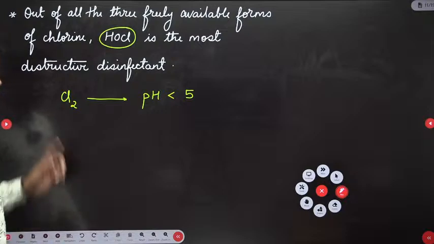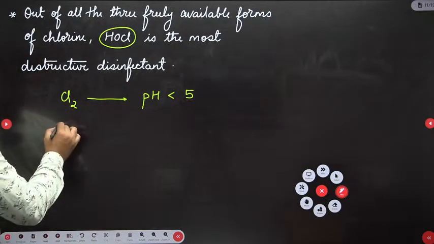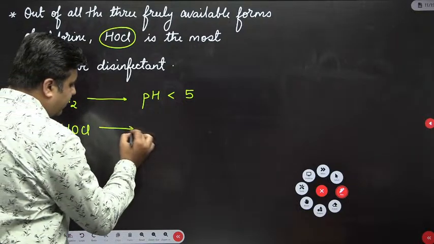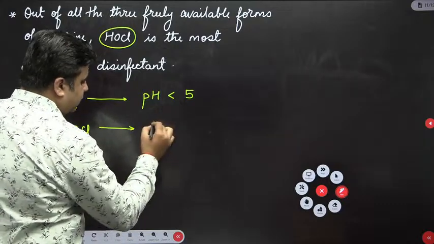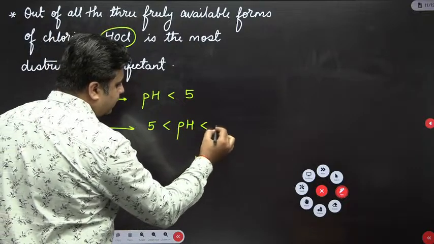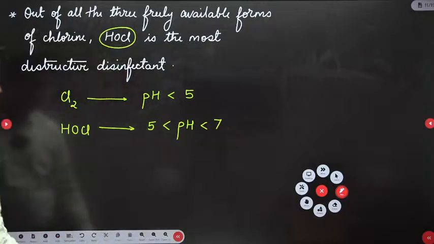HOCl predominates in the system when the pH of the water sample is between 5 and 7.